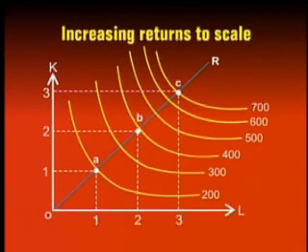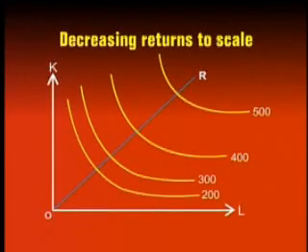And this is the case of increasing returns to scale, because the percentage increase in output exceeds, or is greater than, the percentage increase in both the inputs. Now let's look at figure 3.